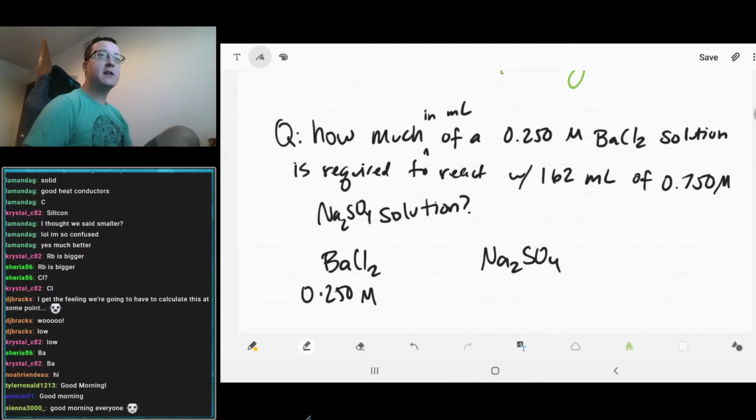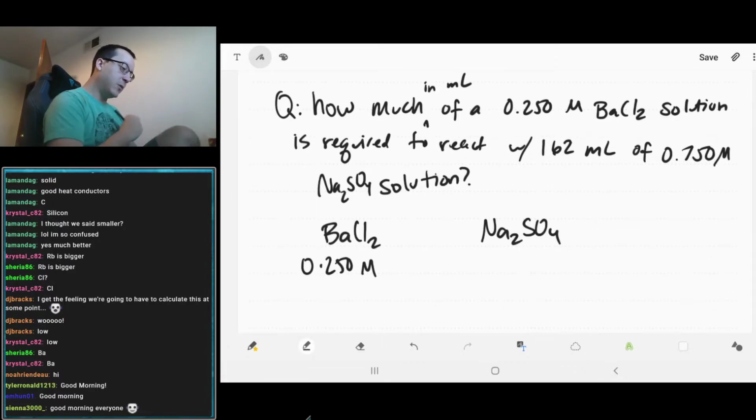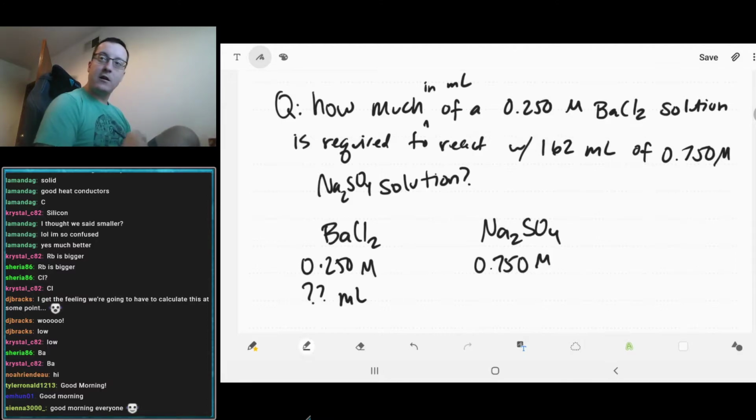Our solution for barium chloride is given to us with a molarity of 0.25. And the question is asking how many mLs of that solution we need. And the sodium sulfate, we know our solution is 0.75 molar, and we have 162 ml of that solution.